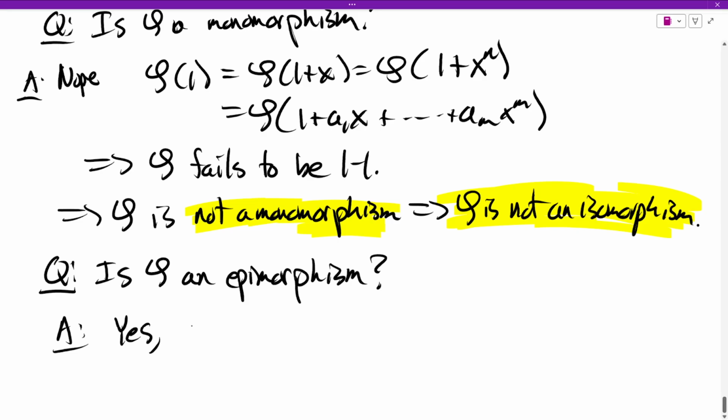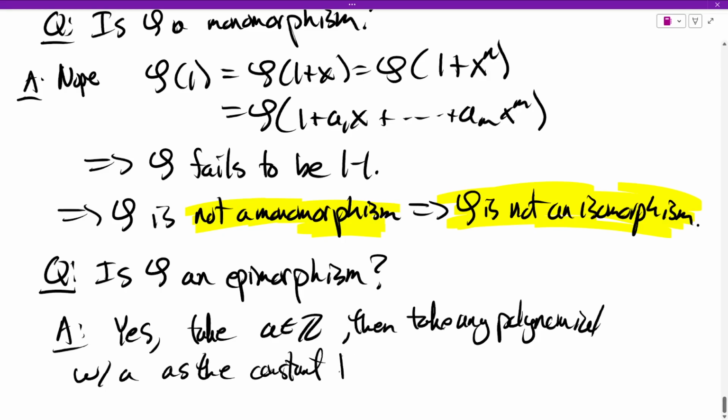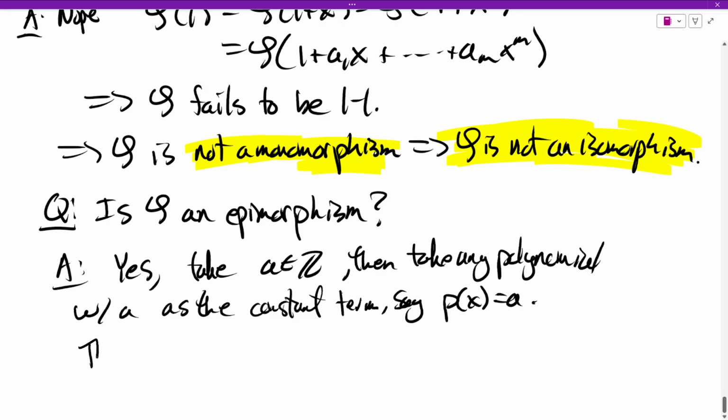Take your favorite integer, a. Then take any polynomial with a as the constant term. Say p of x is a, the constant polynomial. Then phi of p of x is a.